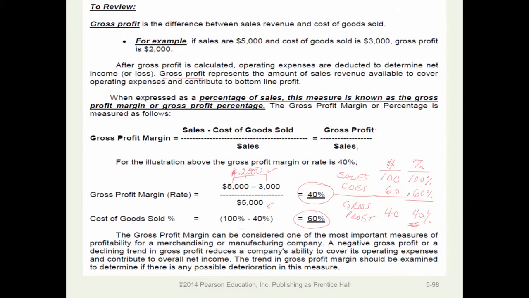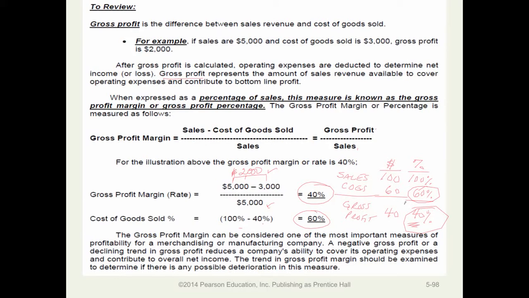Now, what analysts will do is look at these percentages, compare them over time, and compare them to other companies in the industry. It is much more effective to compare a company in terms of percentages or relative terms rather than looking at it in terms of dollars.